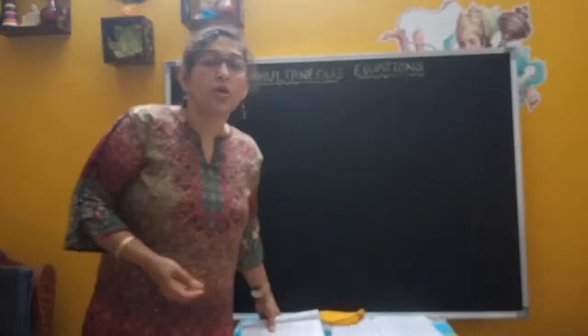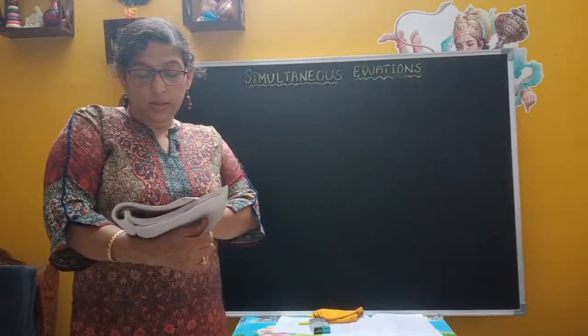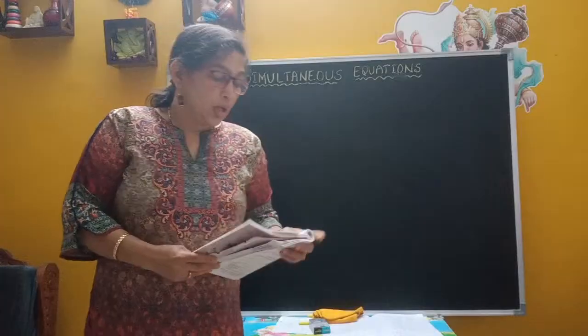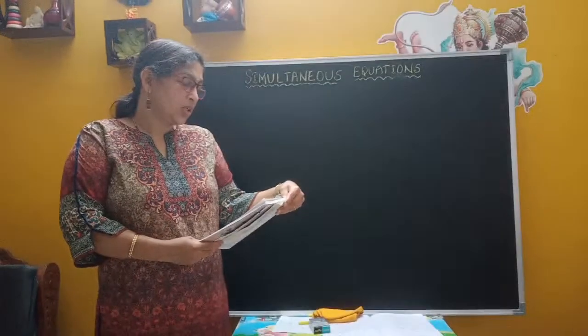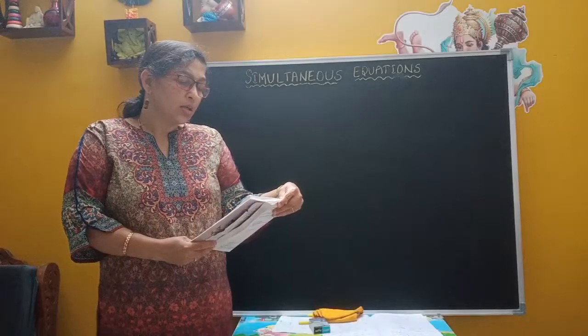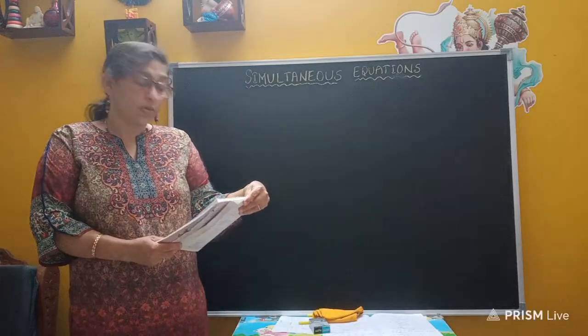Okay, so let us not waste the time. Let's continue with the fourth problem in the exercise 3.3. The problem is: the taxi charges in a city consist of a fixed charge together with the charge for the distance covered.